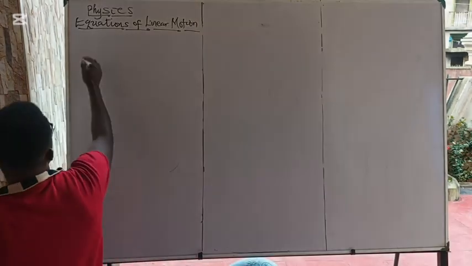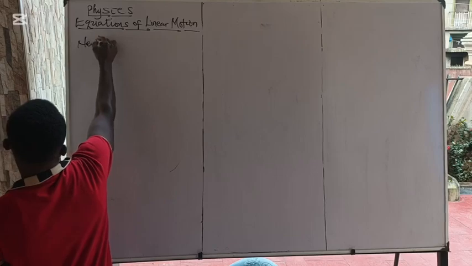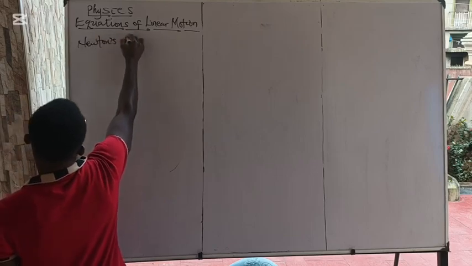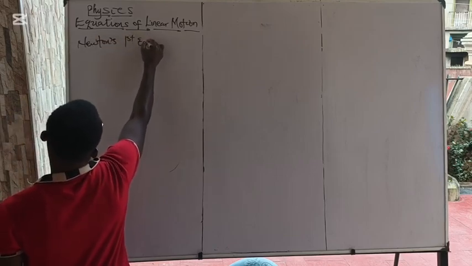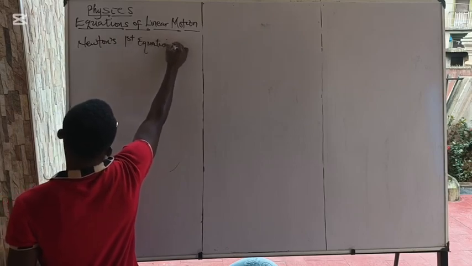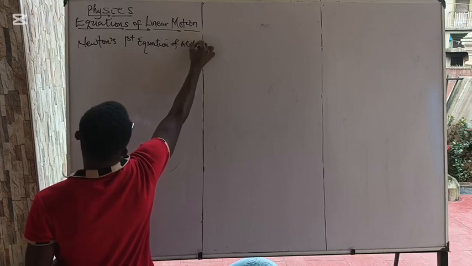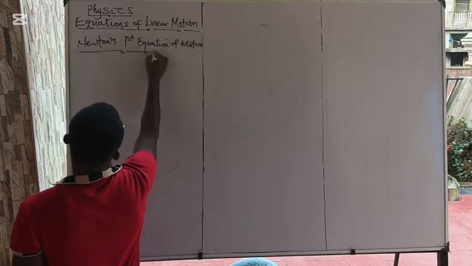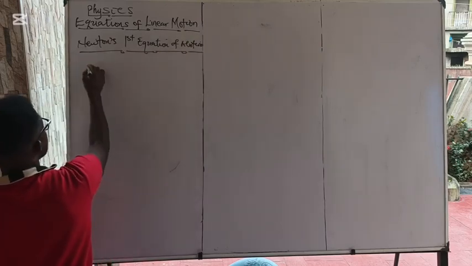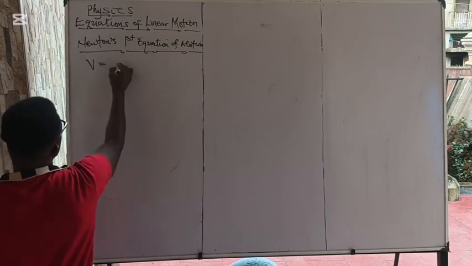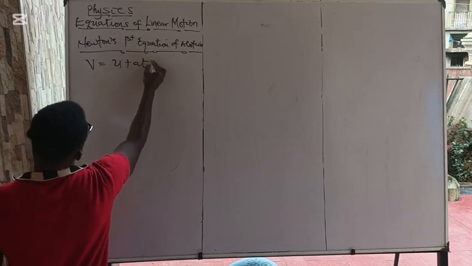So Newton's first equation of motion, he has it as V equal to U plus AT.